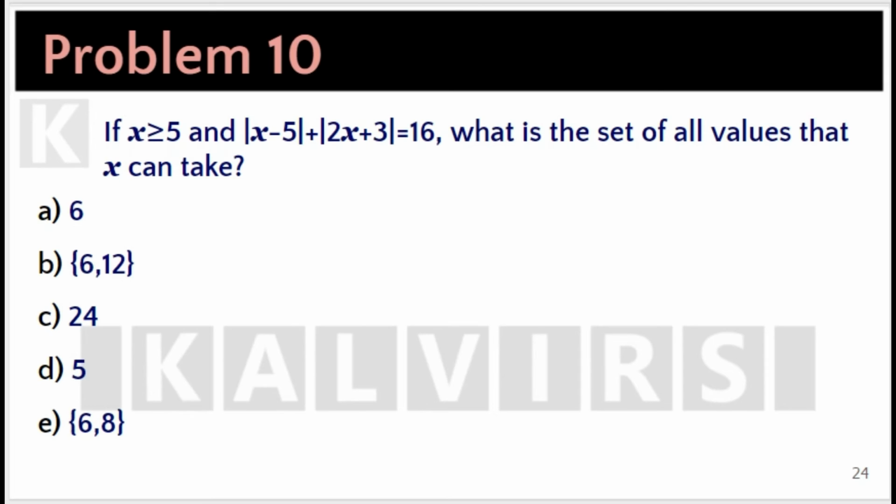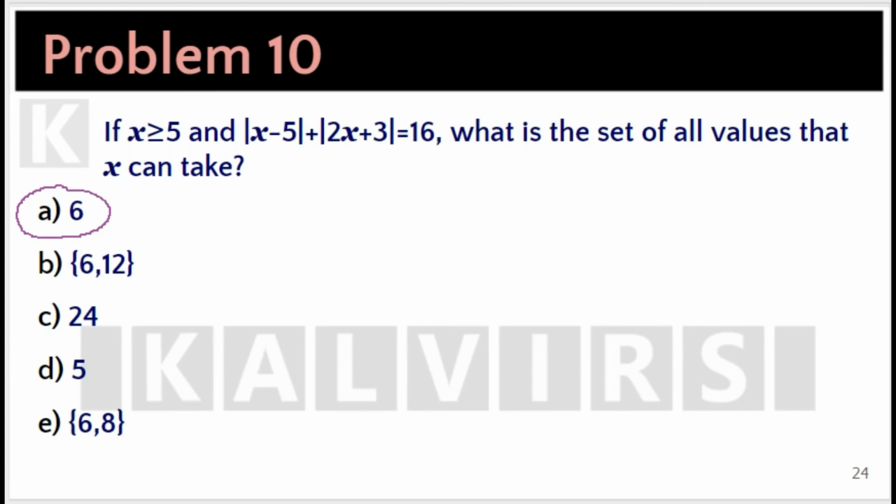If x is greater than or equal to 5 and the absolute value of x minus 5 plus the absolute value of 2 times x plus 3 is 16, what is the set of all values that x can take? A good way to solve this question is testing the alternatives given.